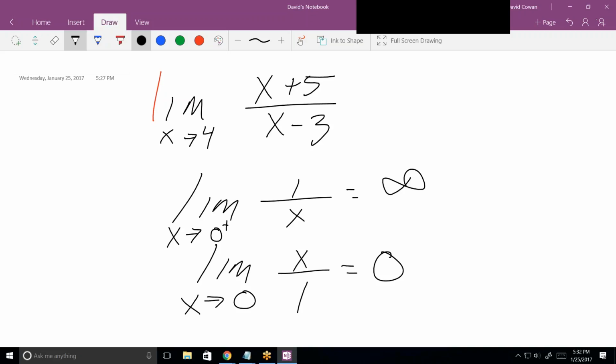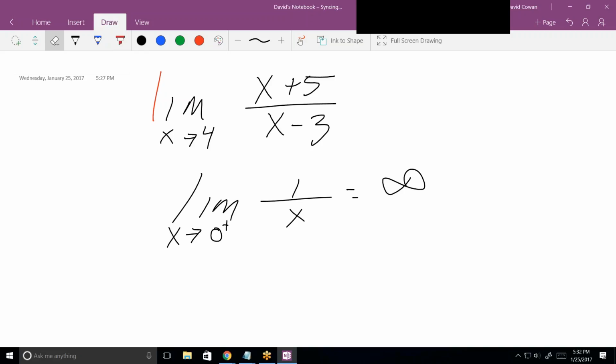Does not exist basically means that the limit from the left is not the same as the limit from the right. Well, if we look at that previous problem, let me erase this one. My eraser isn't working. What is the limit of this one as we approach 0 from the left? Negative infinity.